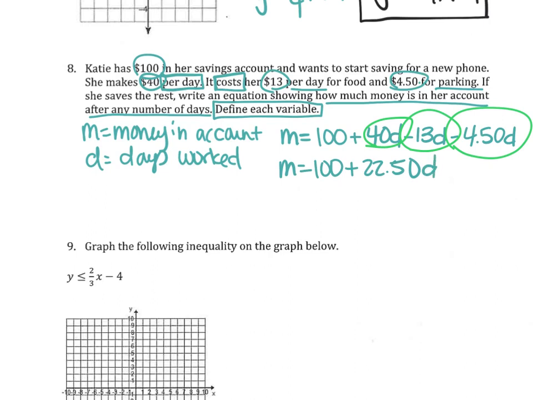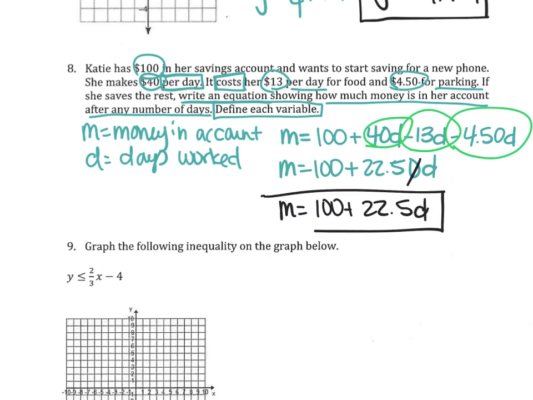And don't forget D for days. So we're not actually solving this, it just says write an equation because we don't have the number of days, so we can't find her total money amount. So I would just say my equation is M equals 100 plus 22.50 times D.